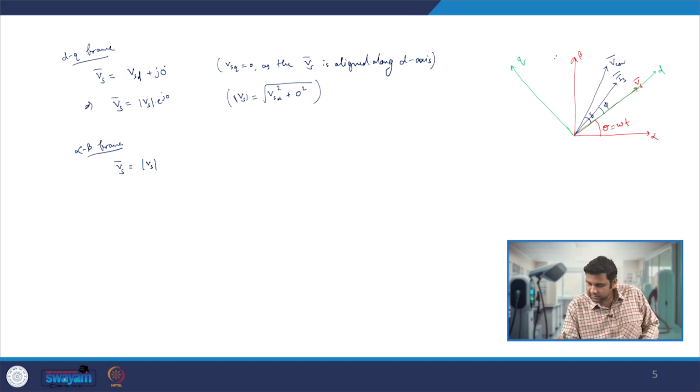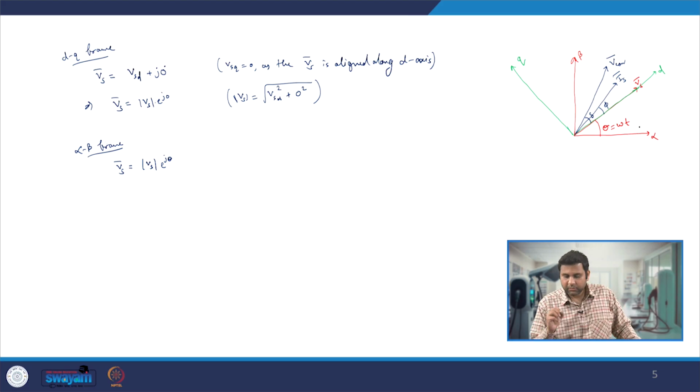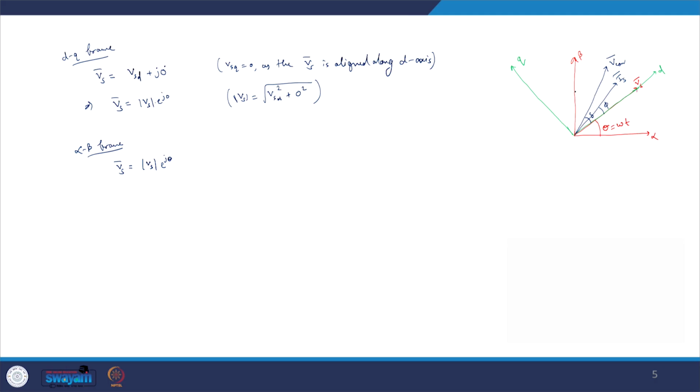Since we are representing with respect to the alpha beta plane, it will be e raised to the power j theta, and that theta comes from the angle between the dq and alpha beta axes. So, whatever Vsd component I have, I will take Vsd cos theta to get the Vs alpha component, and Vsd sin theta to get the Vs beta component. However, there is no Vsq component, so that is 0.